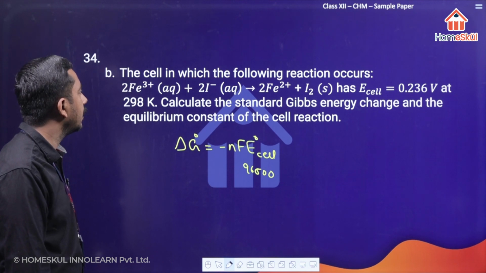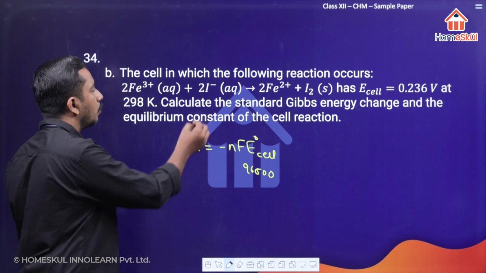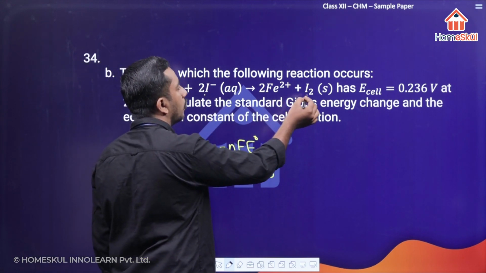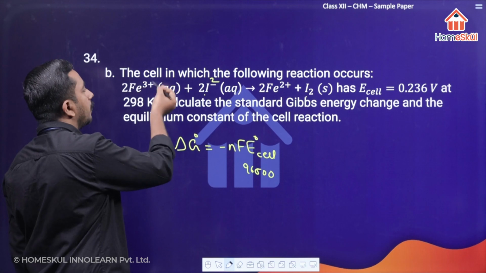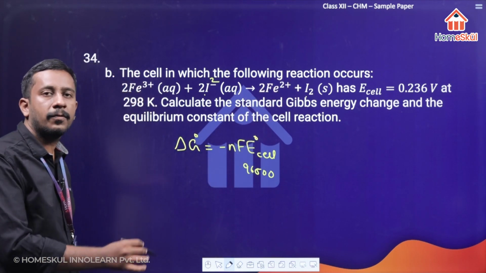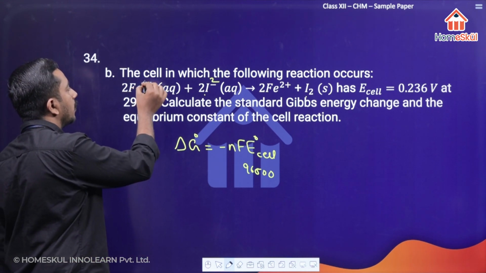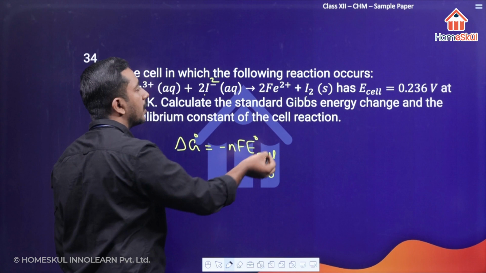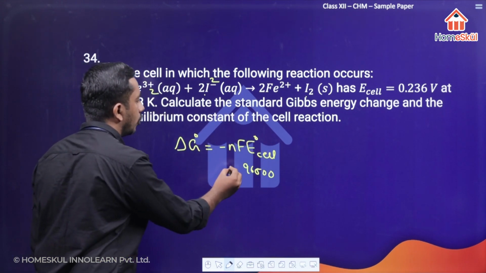We can easily say that the number of electrons involved here is 2, because we have 2 I minus that is being converted into iodine. Similarly, 2 Fe3+ is being converted into 2 Fe2+. So the total number of electrons involved in the balanced chemical reaction is 2, because 3 plus is being converted into 2 plus, but we have 2 molecules. So the total number of electrons involved is 2.